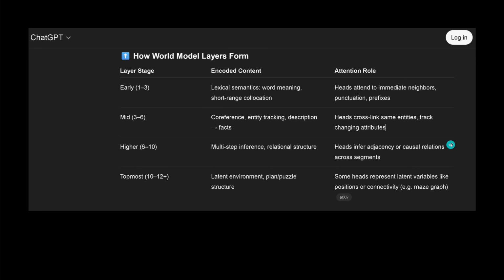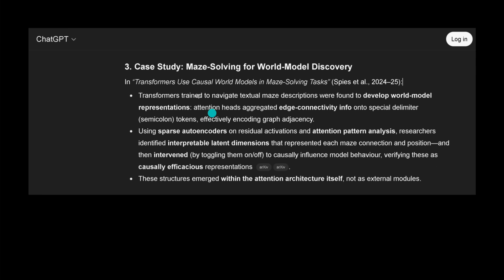So all you need to know, you see, okay, within the layers, we see exactly what the attention role is and how the complexity increases the higher you go in the layers. Now, the case study is always nice. The world model discovery, and they give you one particular publication, 2024, and they tell you the transformers trained to navigate a textual maze description were found to develop world model representations inside their LLMs.